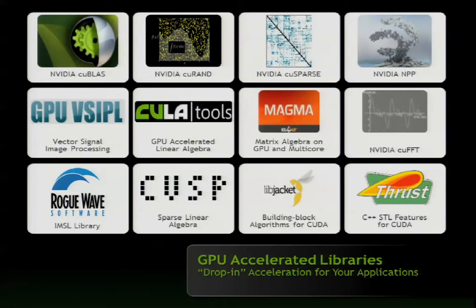So for many of the very basic algorithms, there are libraries that you just plug in and they run on the GPU. And then there are more specialized ones, like VSIPL, which is an image processing library, and commercial ones as well. So there's a zoo of libraries out there. Before deciding to write a lot of code yourself, please go and have a look at these different libraries.